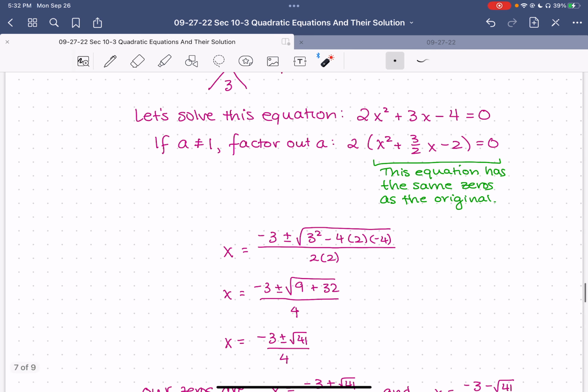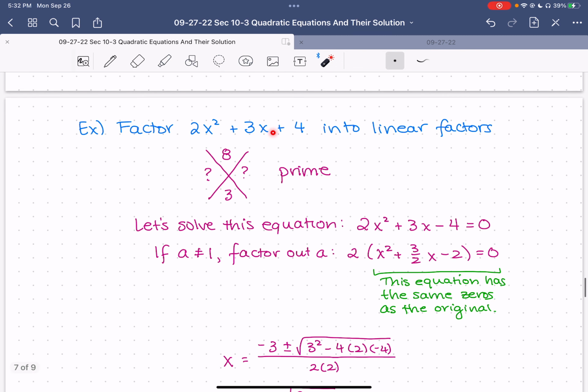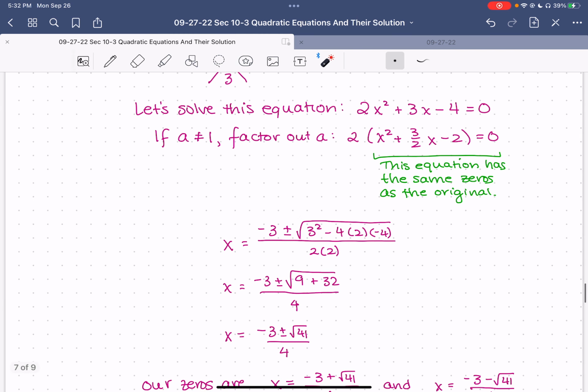So what you do is consider solving this equation. I'm just taking that expression and making it equal 0. Now we're going to find the zeros to help us find the factors, but in order for that to work, the coefficient of x squared has to be 1, so I'm factoring out the 2. So I divide everything by 2.